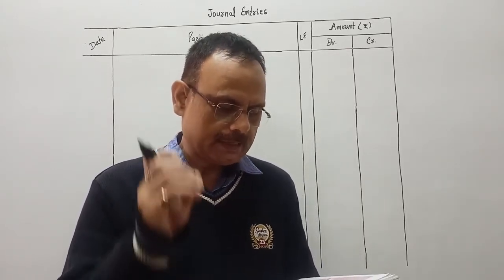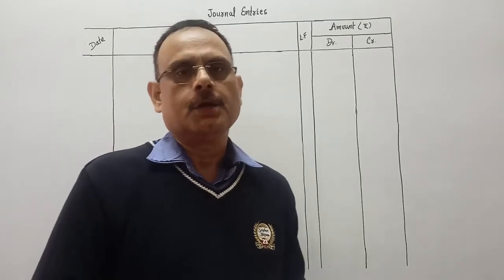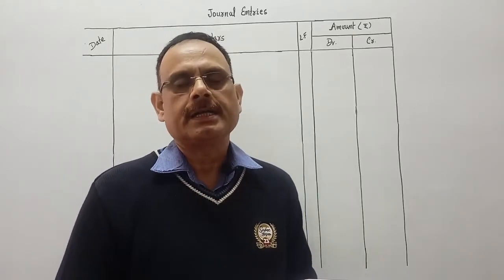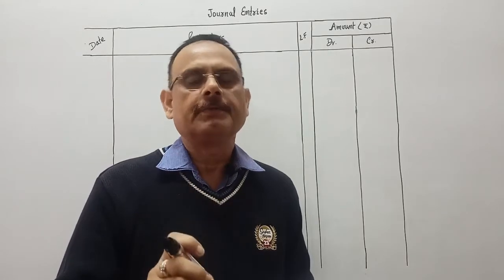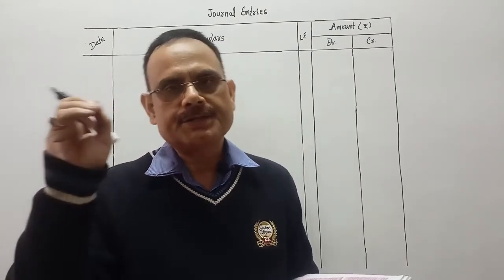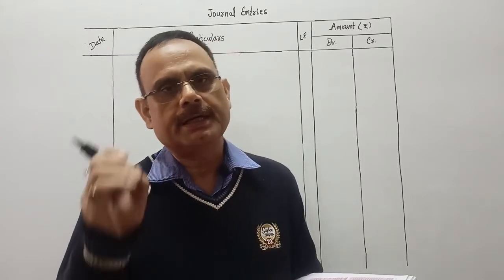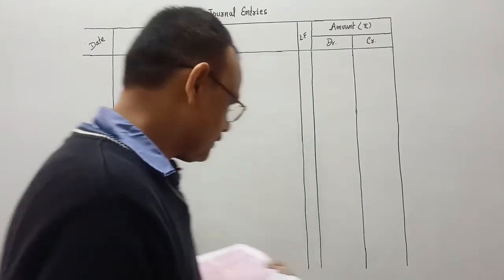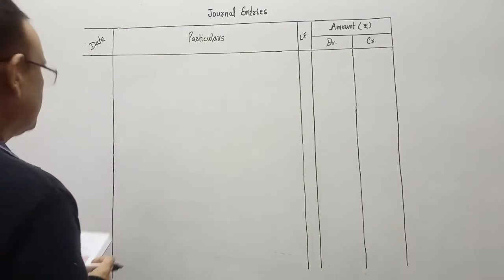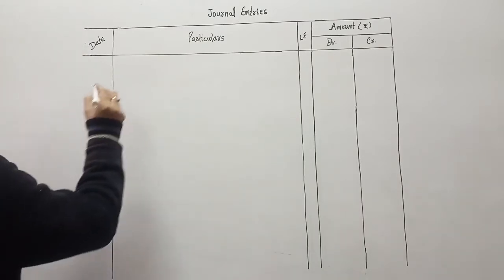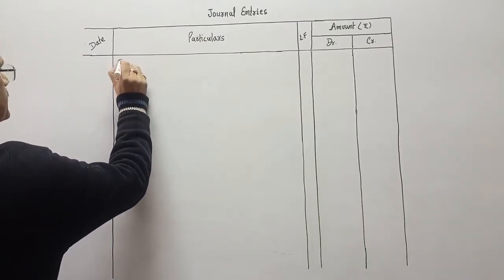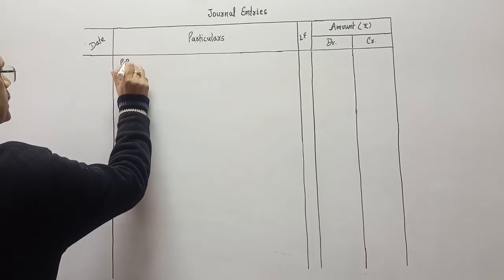Provision for discount on debtors. What entry will we pass at the time of preparing the financial statement if these are given in the adjustment? So the first is provision for discount on debtors. You know, the provision for discount on debtors is transferred to the profit and loss account.